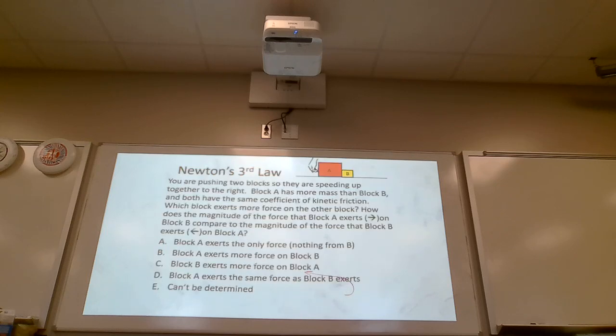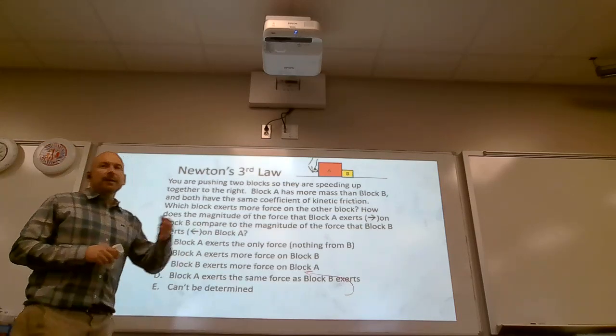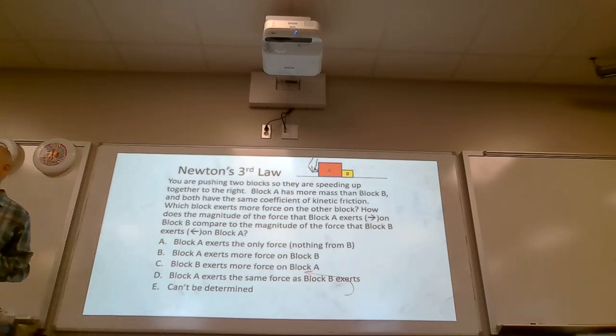All right. So here's your first scenario. You got two blocks on a rough surface. You're pushing block A, which is the more massive one, causing them to speed up. So the question is, which block exerts more force on the other block?